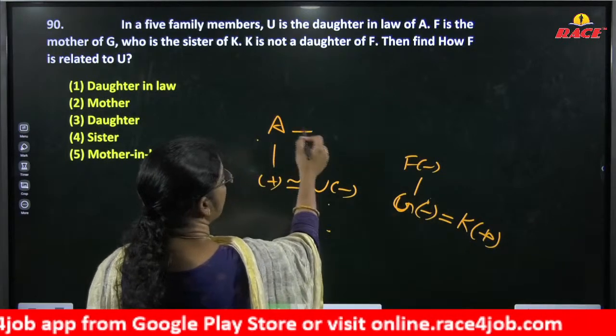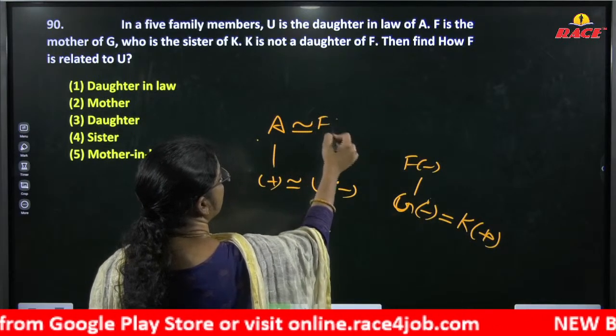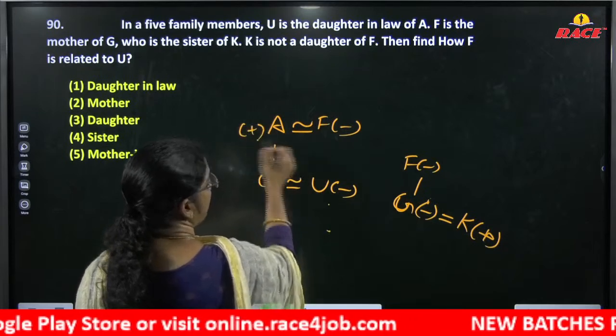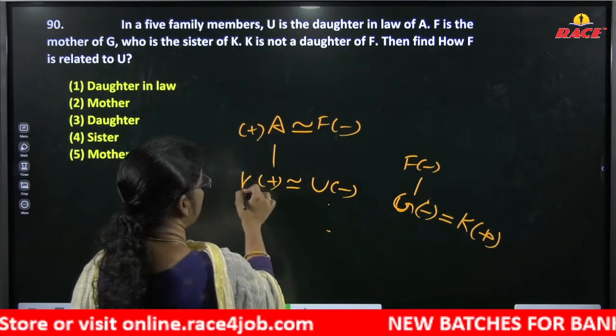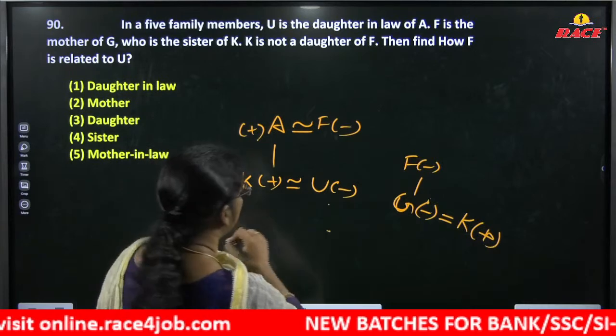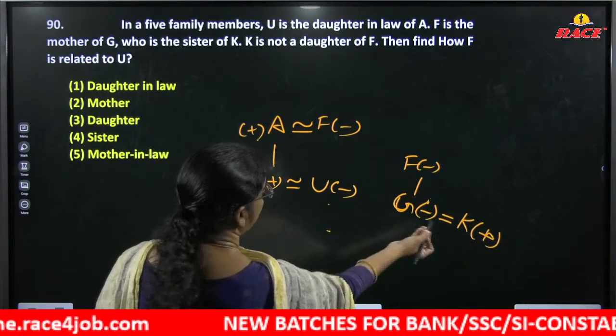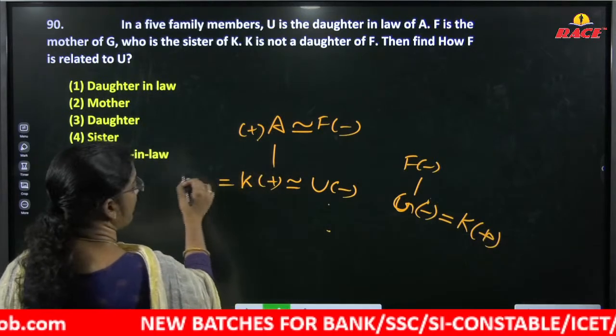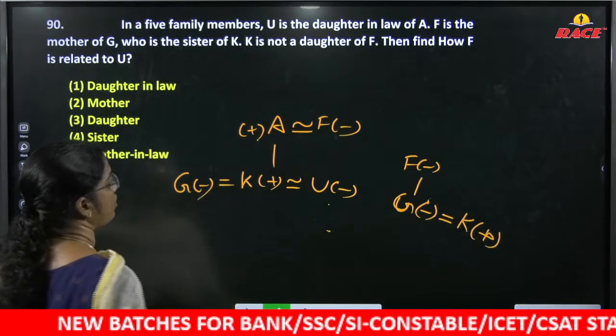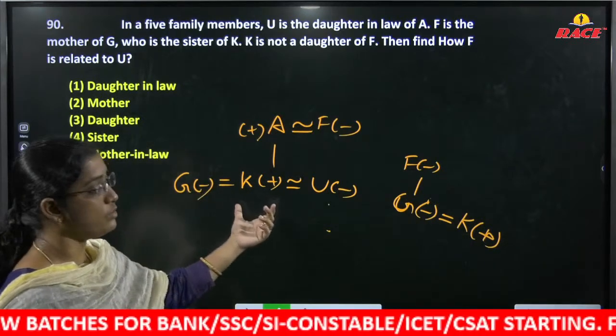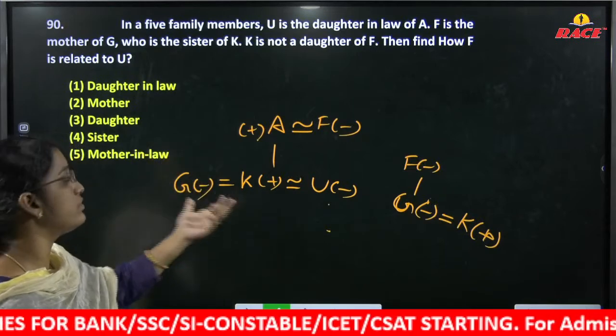If F and A are a couple, then A is the father and F is the mother. The son's name is K, and in the sibling position of K we have G. So there are five family members, and all conditions are satisfied for this arrangement.